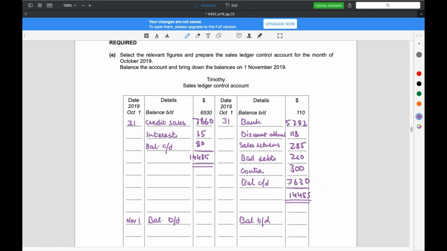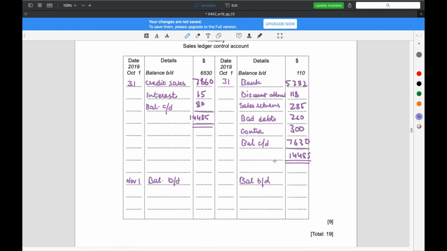Don't get confused that this is way bigger than this carry down. It does happen. You just have to be sure of what you're doing, what the format is, and what the double entries are, and you'll get through it. So the brought down 76.30 on the debit side, and on the credit side it's going to be 80 again. Okay, so that's that.